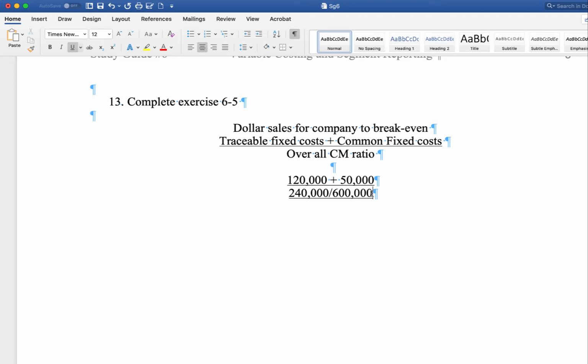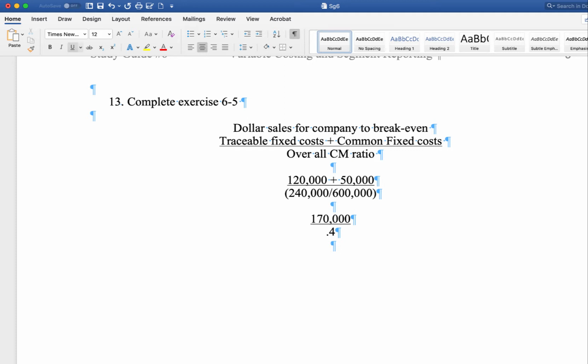Okay. Put in my brackets just to make it look neater. Okay, so we end up then with $170,000 divided by 0.4 or 40%.